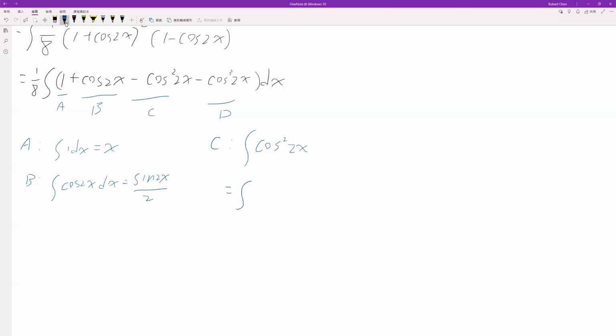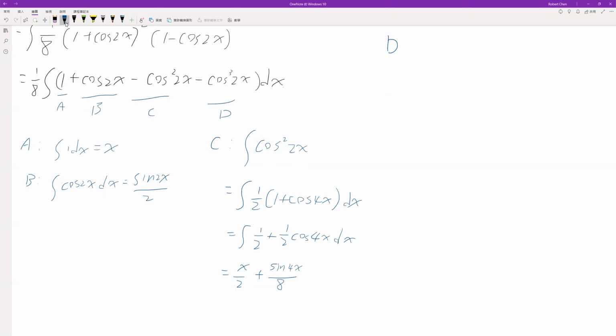So this is equal to 1/2 (1 plus cosine 4x) dx, and then integrate that. That would be integral of 1/2 plus 1/2 cosine 4x, which is x over 2 plus sine 4x over 8.